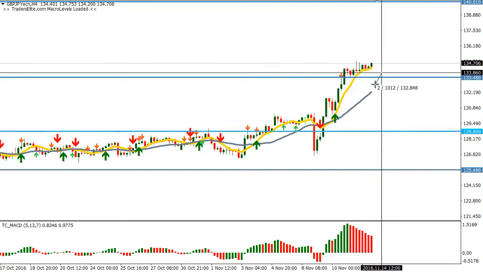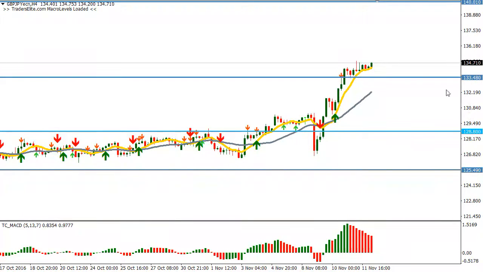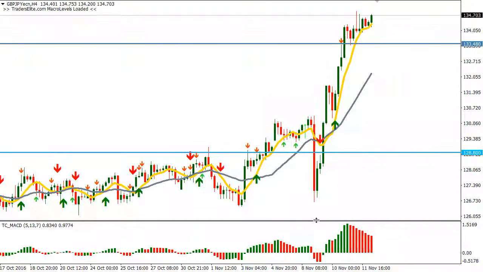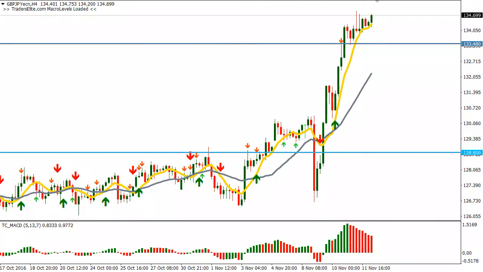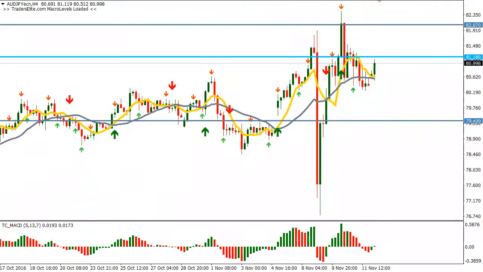Maybe reduce your lot size because your stop is a little bit bigger, say 100 pips on your stop, and around 600 pips on your reward. Again, consider putting a target halfway between these macro levels so you can at least lock in some profits at the very least. Okay, so that's actually looking like a good one between the euro yen and the pound yen. Pound yen is probably looking a bit stronger.